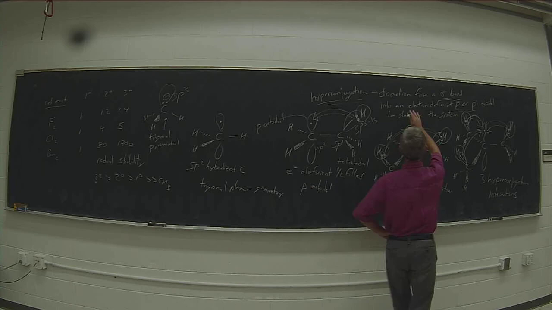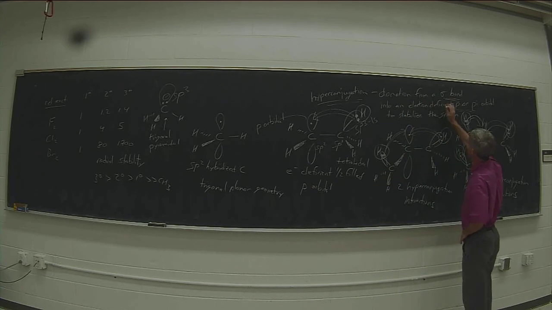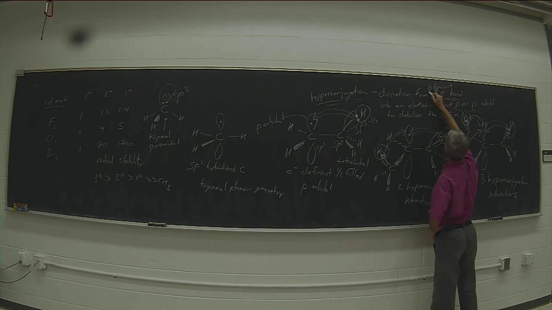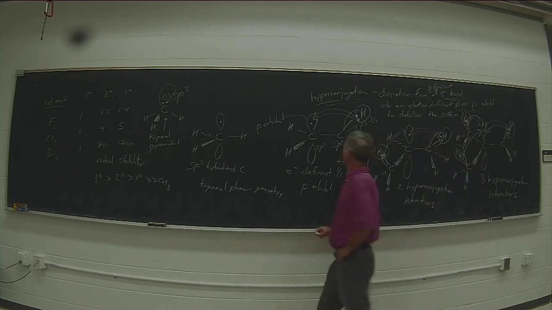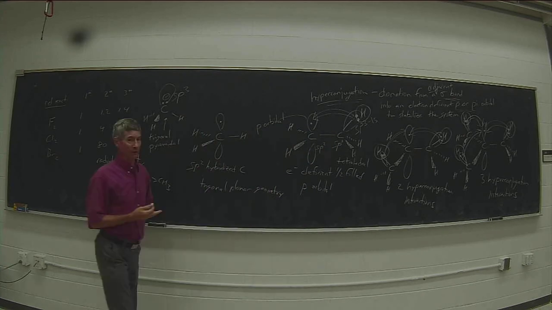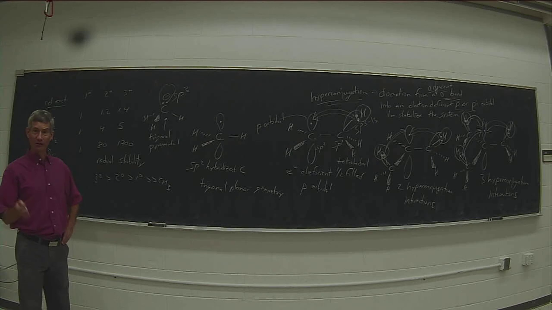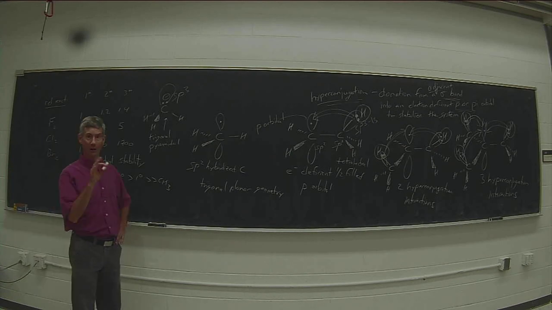So this is donation from the sigma bond. It has to be an adjacent sigma bond. This is just with that word adjacent in there. An adjacent sigma bond into an electron deficient pi or p orbital. We'll use hyperconjugation, as I said, to explain the stability of the carbocations and also to explain the stability of the carbon-carbon double bond.